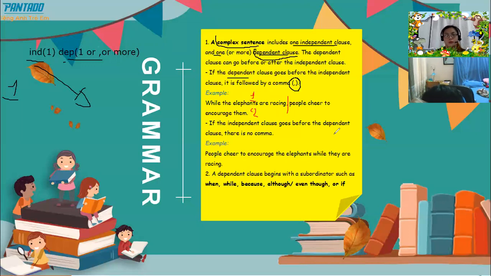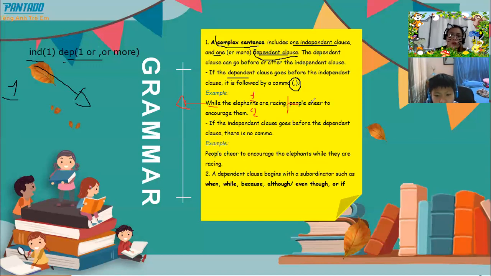I think number two is the independent clause. Very nice. So number two, yes, and one is the dependent clause. Yes, very good. Because in this one, the thought is not complete: while the elephants are racing. So what happened when they are racing?